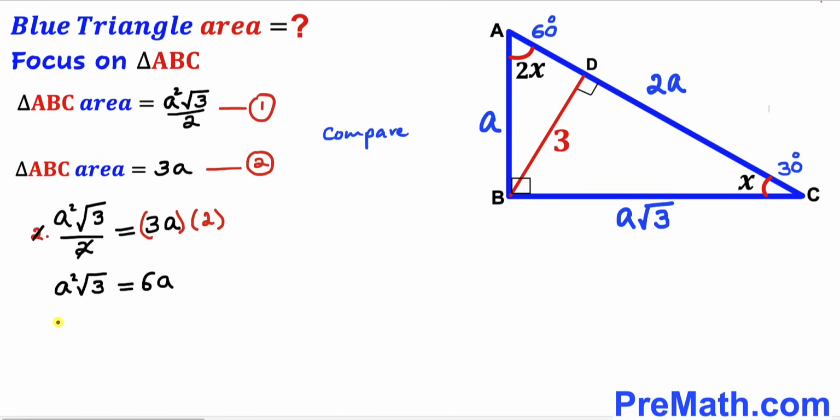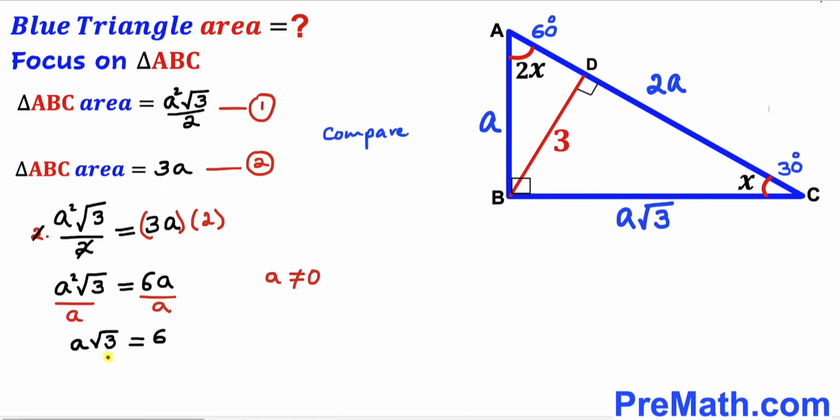And now I am going to divide both of these by lowercase a and make sure that lowercase a value is not equal to 0. So therefore we end up with a times square root of 3 is going to be equal to 6.